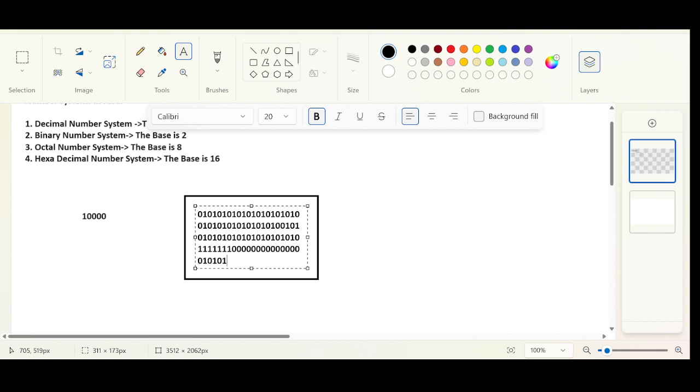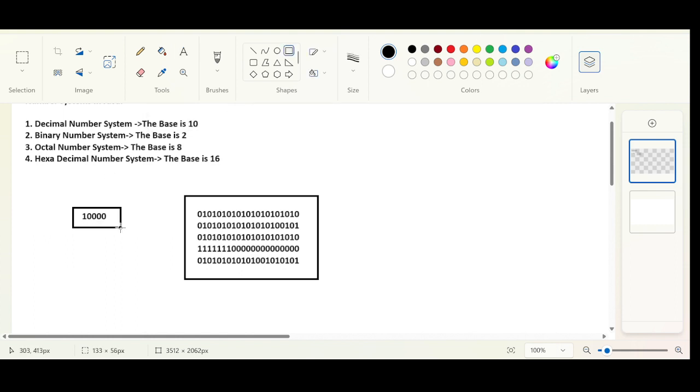The data can be anything, not only numbers. If you want to input this number to the computer, first convert this number into a binary number. Firstly, this number will be converted to a binary number, and you will pass this binary number to the computer.